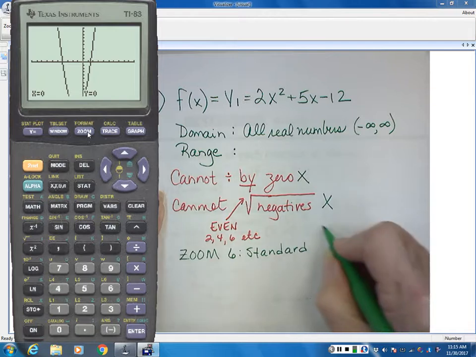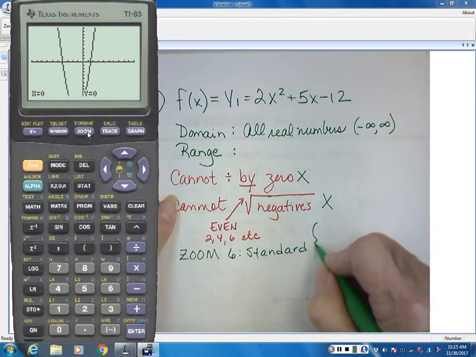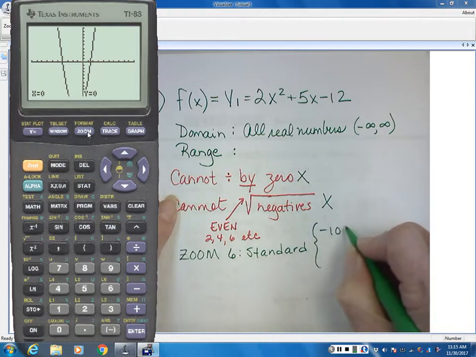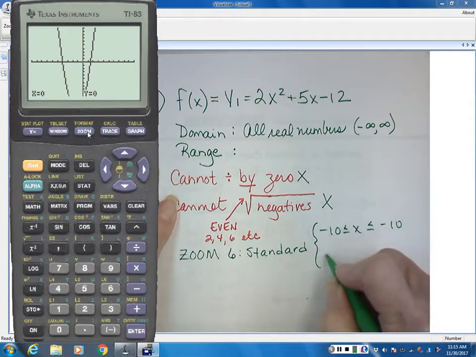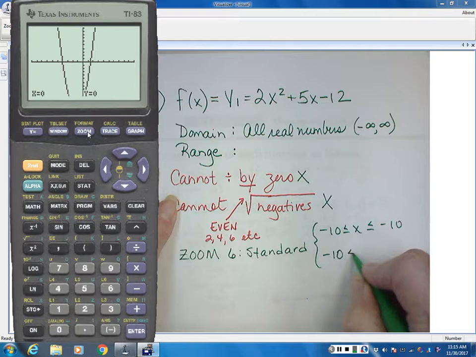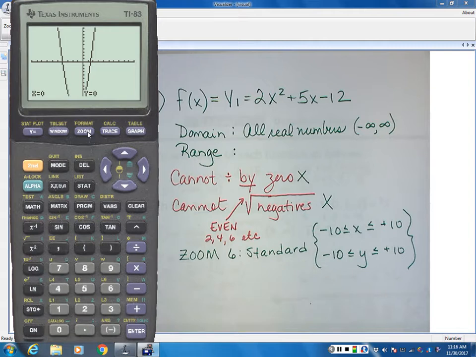And what your standard window is, x is greater than or equal to negative 10 and less than or equal to 10, and y is also greater than or equal to negative 10 and less than or equal to positive 10. So when you hit zoom standard, that's how you're setting your graphing window up. Okay?